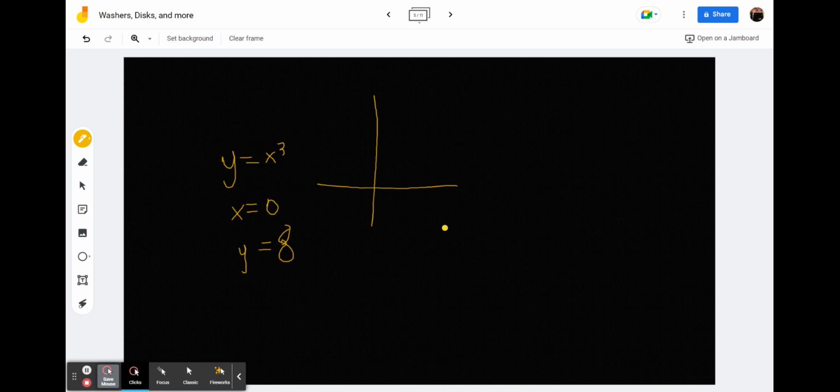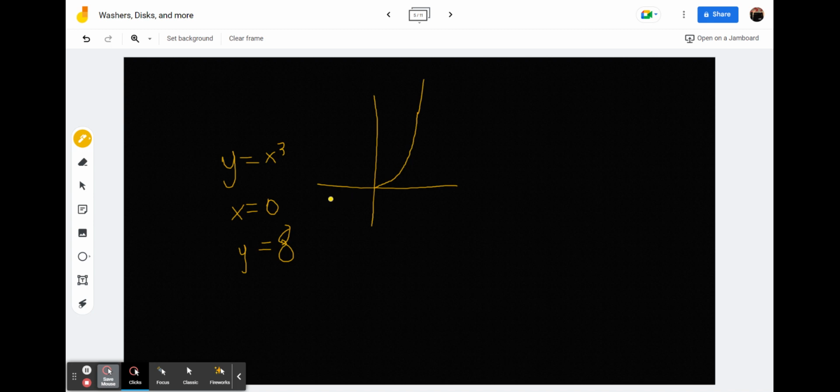So in this case, let's talk about this. The first thing to do is graph our function y equals x cubed. And it's going to look something like this.